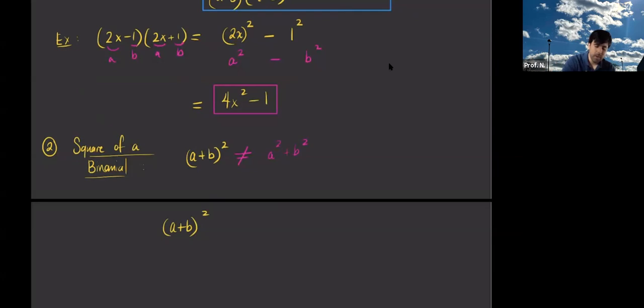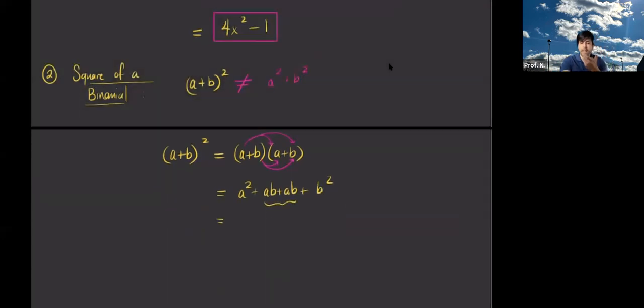(a + b) squared means what? (a + b) multiplied by (a + b). So you have to be careful. And when you FOIL this, what do you get? You get a squared plus ab plus ab plus b squared. And so you're correct.